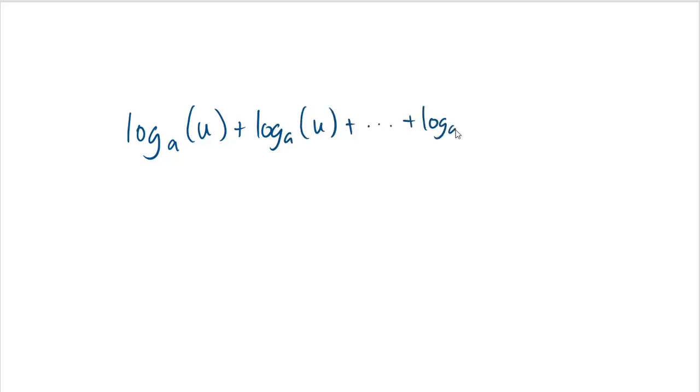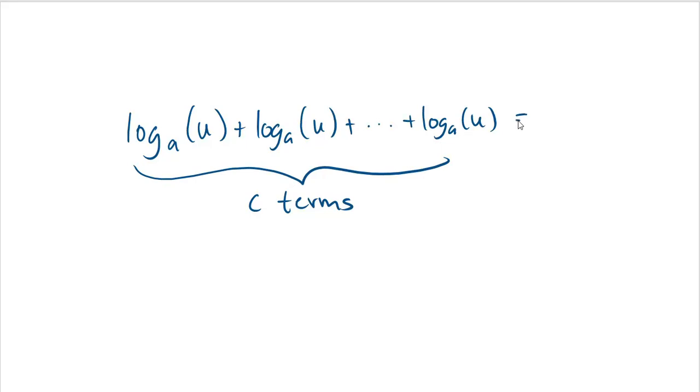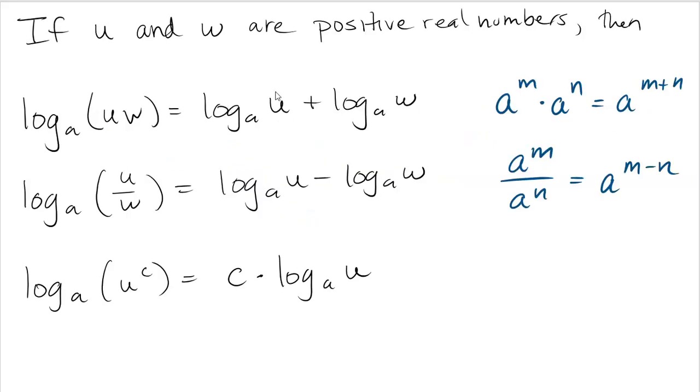I'm going to consider the sum log base a of u plus log base a of u plus, and I'm going to continue adding log base a of u until I've got c copies of it, c terms here. Well, in one sense, we're just adding c copies of the same thing together, so that's c copies of log base a of u. Now I'm going to think of this sum another way. We just said that when you add two logarithms with the same base, you can consolidate by multiplying the inputs.